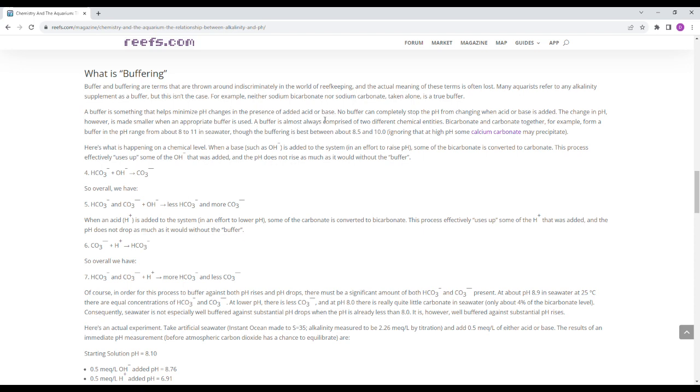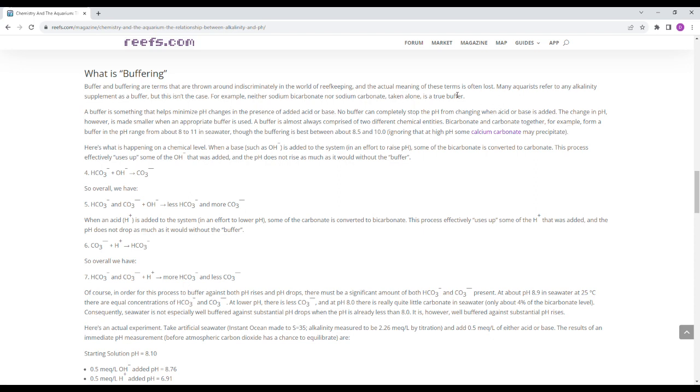A buffer is almost always comprised of two different chemical entities. Bicarbonate and carbonate together, for example, form a buffer in the pH range from about 8 to 11 in seawater, though the buffering is best between about 8.5 and 10.0, ignoring that at high pH some calcium carbonate may precipitate.